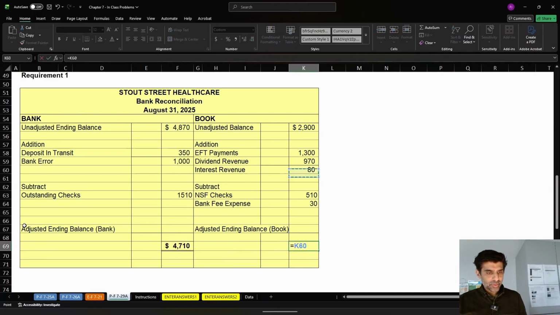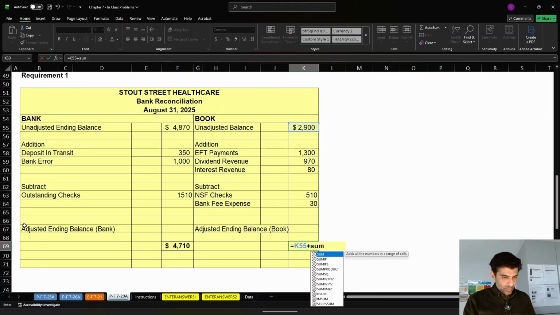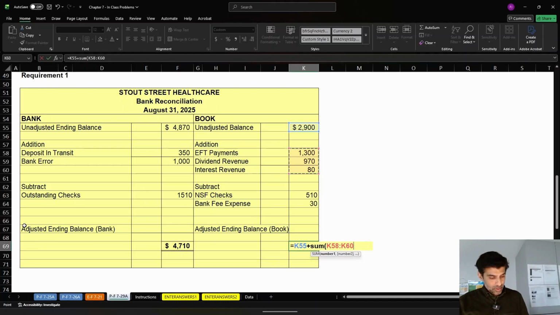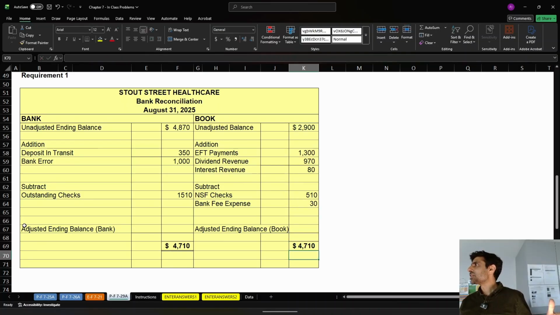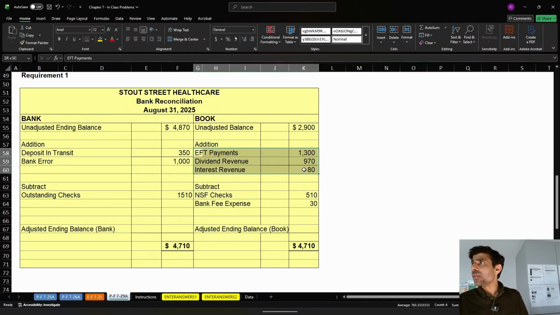And I'm just going to do the same thing on this side. Start with the unadjusted balance, add these three, minus the subtraction adjustments. Magic, they balance.